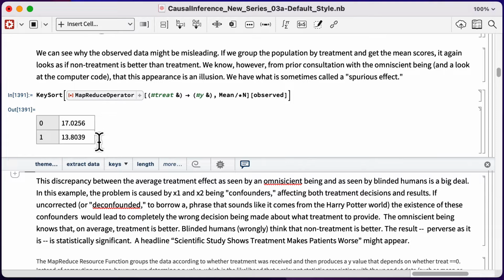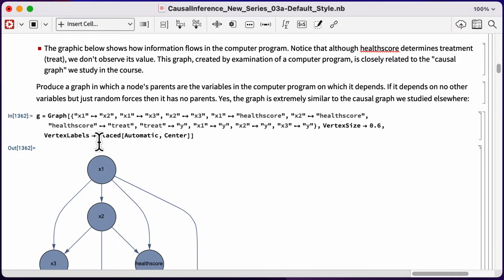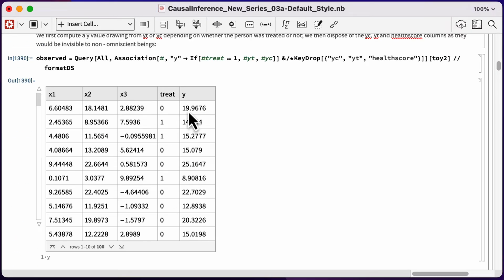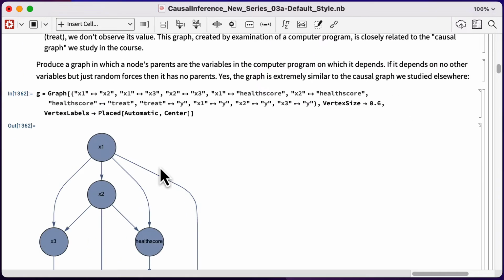And this is basically an illusion because it's not the treatment that's causing these people to have lower values. It's the x1, x2, and x3 values that are contributing to y and also correlated with treatment. These are confounders, as it were, and therefore, in some sense, the coefficient in front of treatment is not accurate.